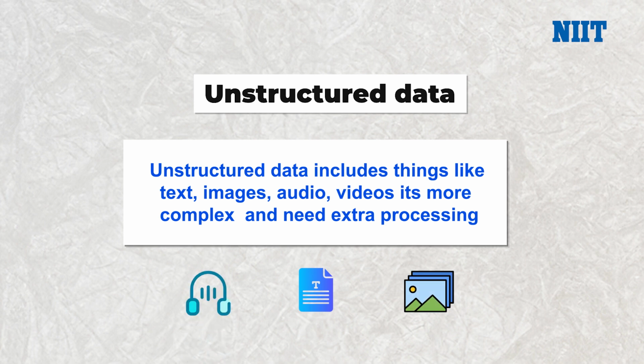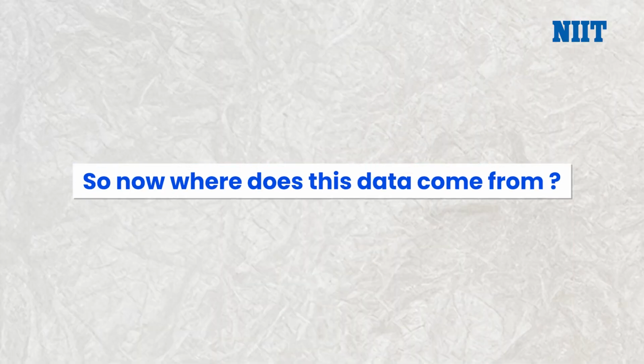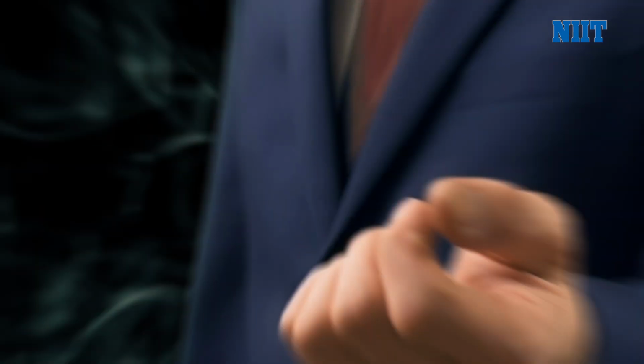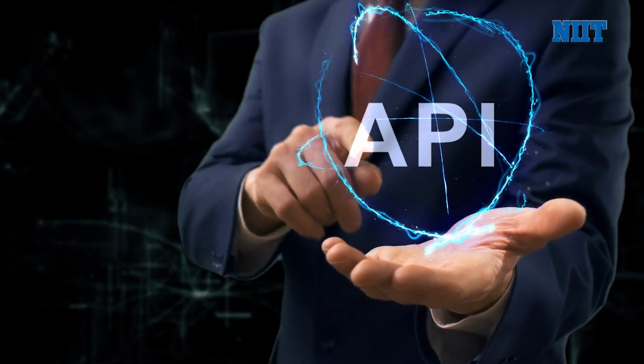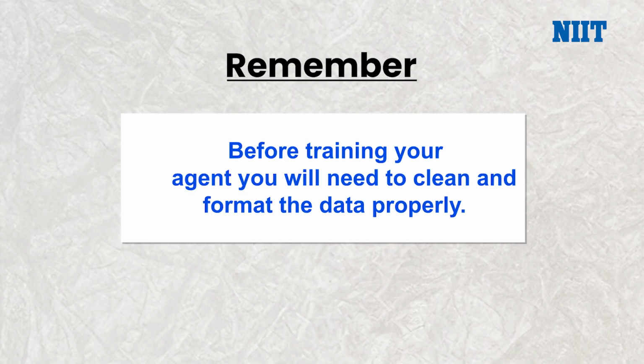It's more complex and needs extra processing. So now, where does this data come from? You can get it through APIs, scrape it from websites, or use public datasets available online. Just remember, before training your agent, you will need to clean and format the data properly. Clean data means better results.